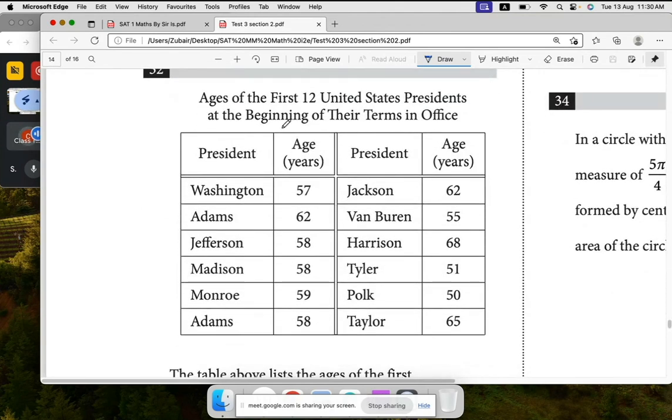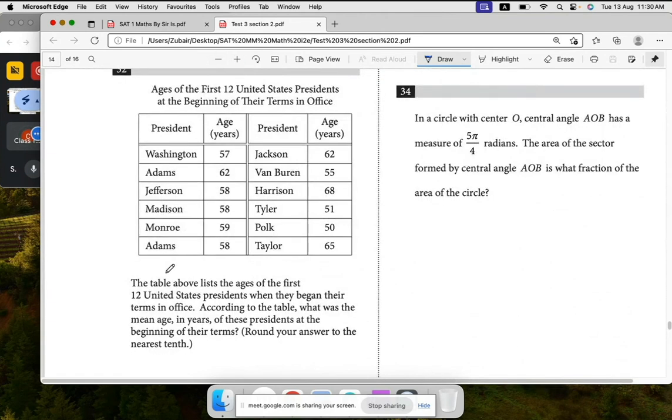The ages of the first 12 United States presidents at the beginning of their term in office. The table above lists the ages of the first 12 United States presidents. According to the table, what was the mean age in years of these presidents at the beginning of the term? Round your answer to the nearest tenth.